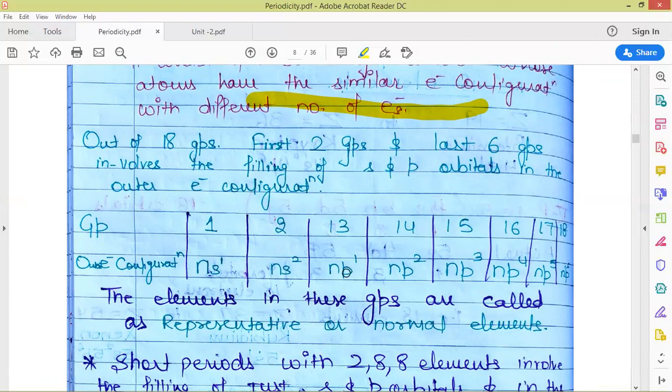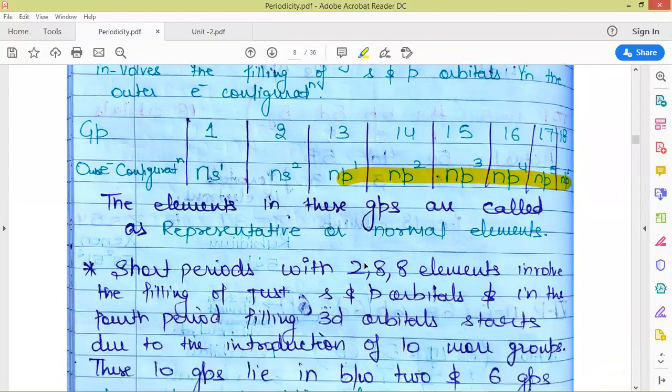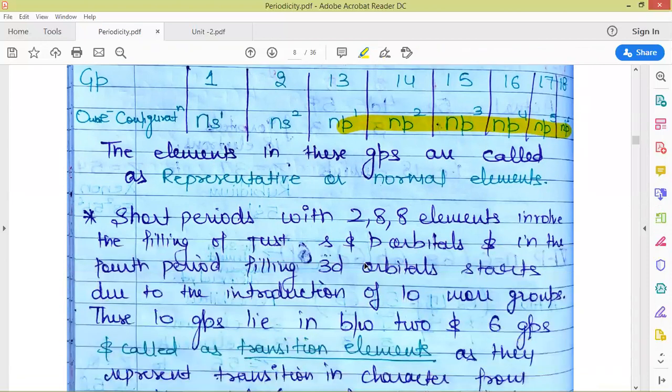Here the electronic configuration is np1, np2, np3, np4, np5 and np6. The elements in these groups are called representative or normal elements. So these 8 groups, that is groups 1 and 2 and then 13 to 18, are called representative or normal elements.